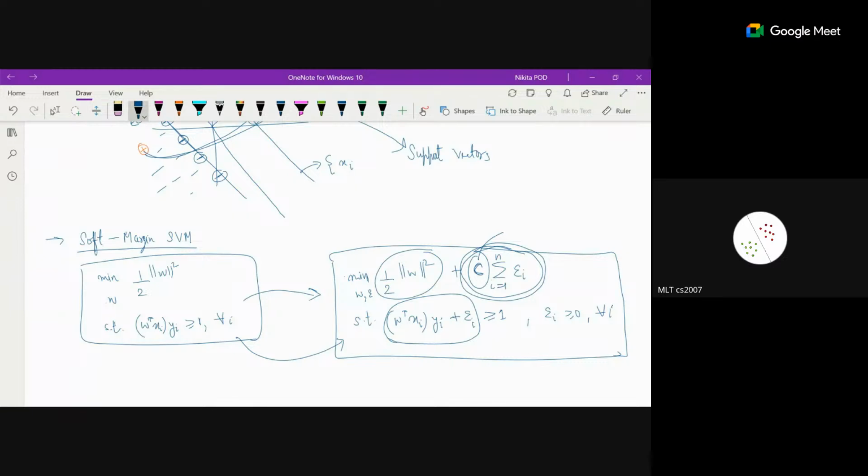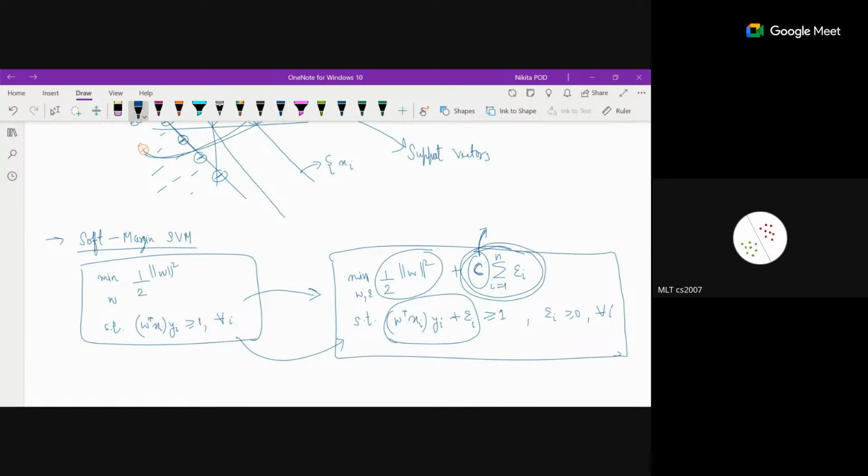C is basically saying, if any data point pays something and goes to the right side, how much does it cost to go to the right side? This is how we can think of it. So what happens if C is 0?